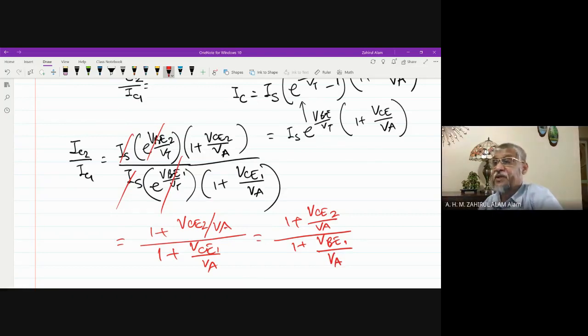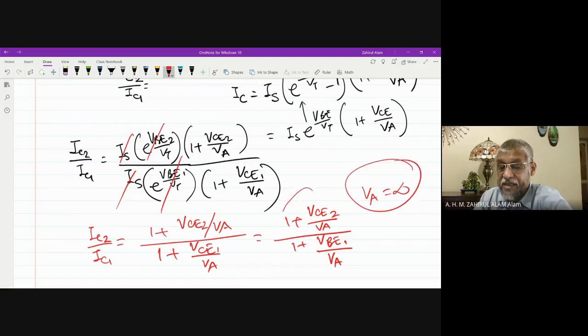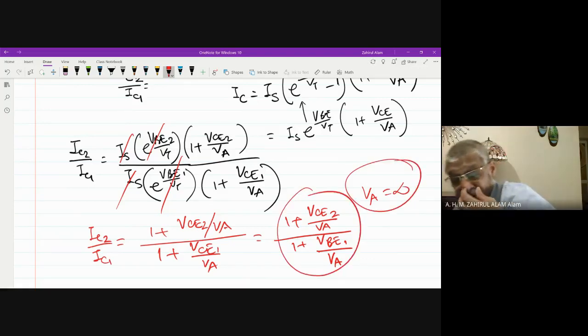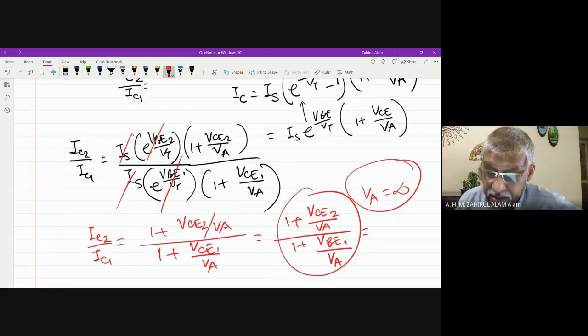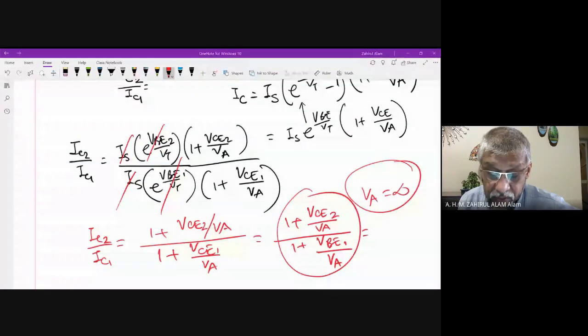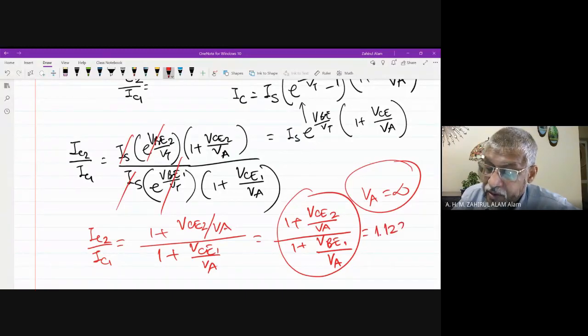So if VA is not infinite, then there is some deviation, and the currents are not equal. If you calculate, it shows this is around 1.128.